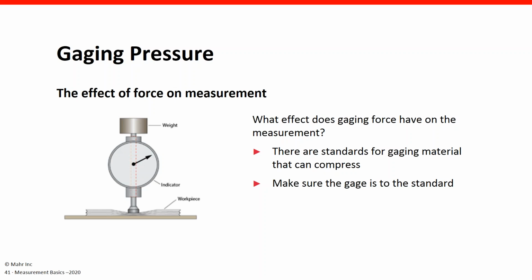For compressible materials, for example, there are standards out there that say we have to have a certain weight, and a certain flat anvil of a certain size, used to measure. That way the part can be measured at multiple locations under the same conditions of gauging to get the same results. So it's important to understand and make that part of the measuring process.